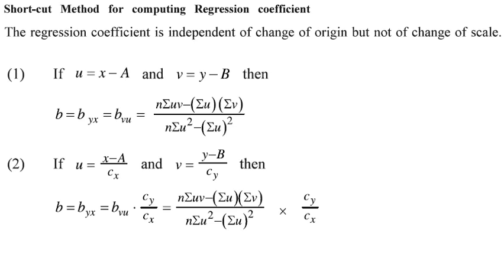So remember this: whenever we use the regression coefficient, we have to multiply by cy and divide by cx in the shortcut formula. We are going to practice some sums of this method, so no worries, we will understand it better then.